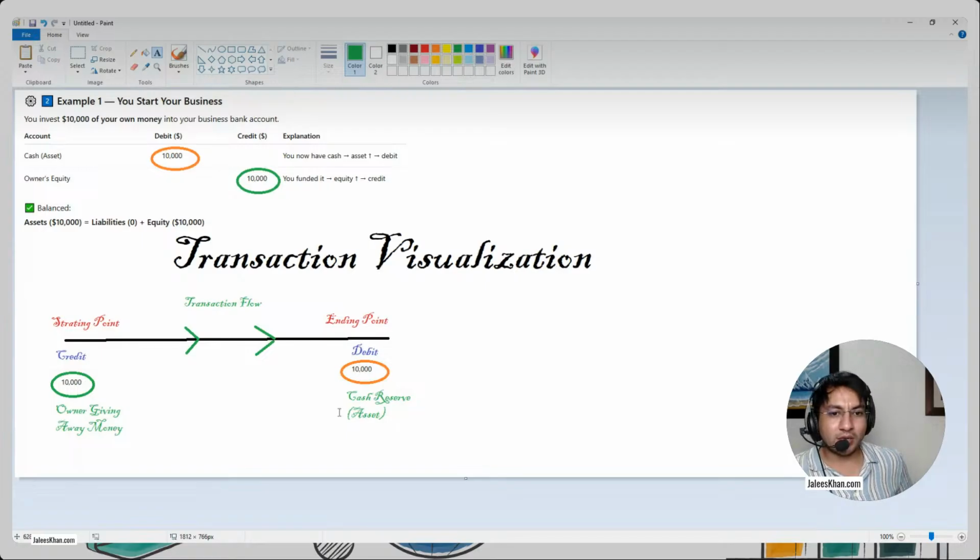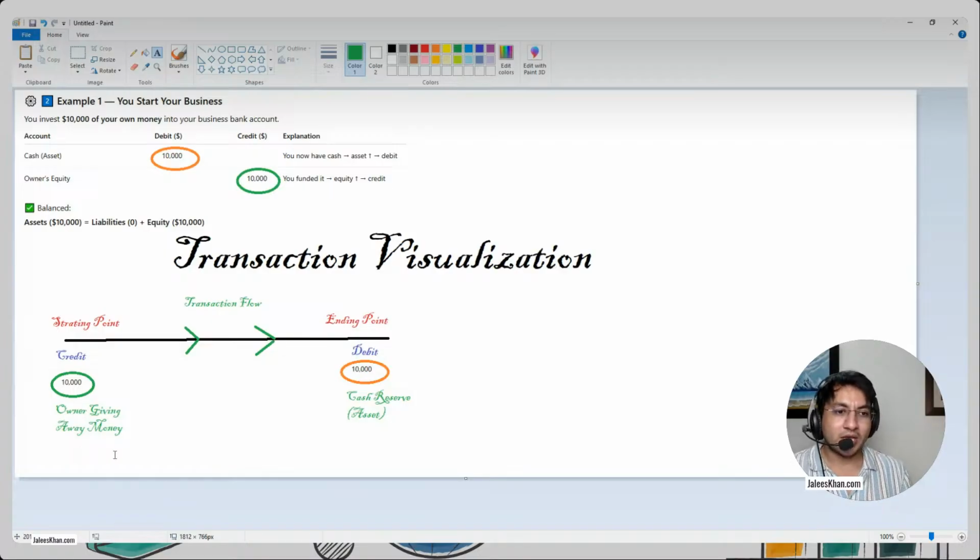The debit side, which is the end point of the transaction, is the cash reserve of the business. It will be a debit because it is the ending point of the transaction.